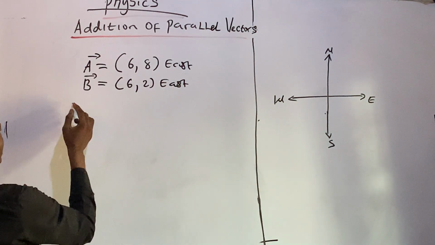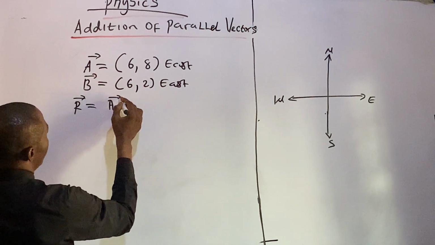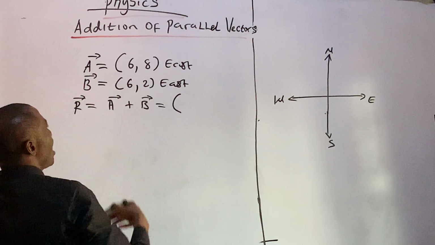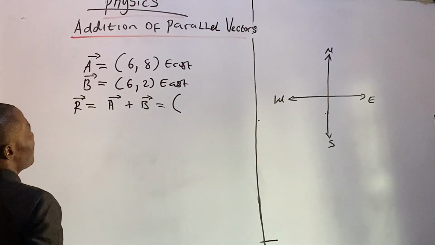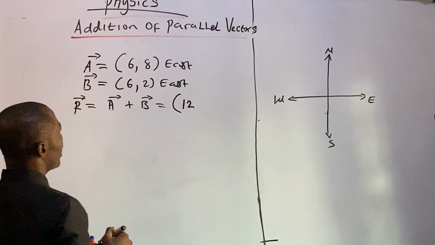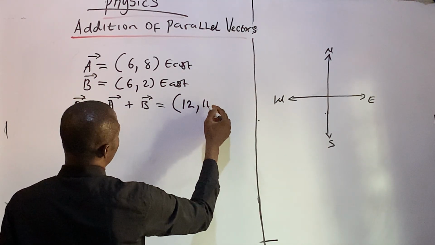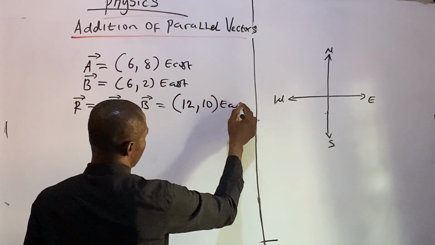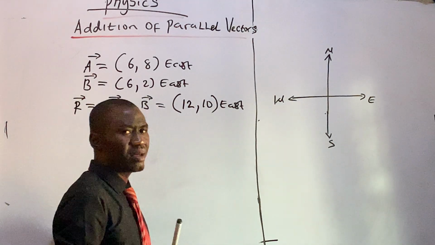Because they are moving in the same direction, the resultant vector is vector A plus vector B. That gives 6 plus 6, which is 12, and then 8 and 2, which is 10. The direction of this vector is east, because they are moving in the same direction.